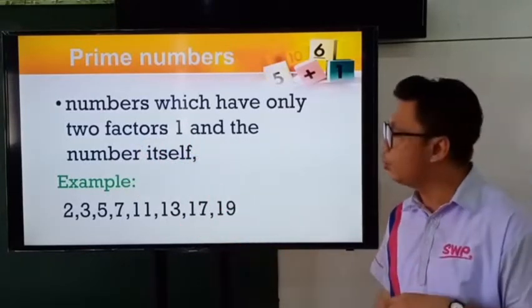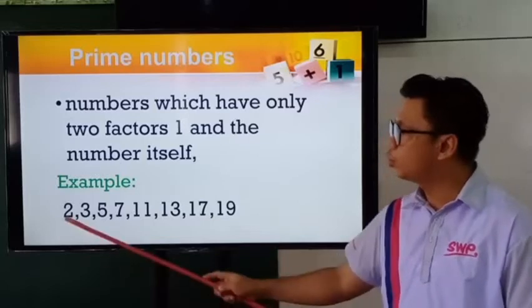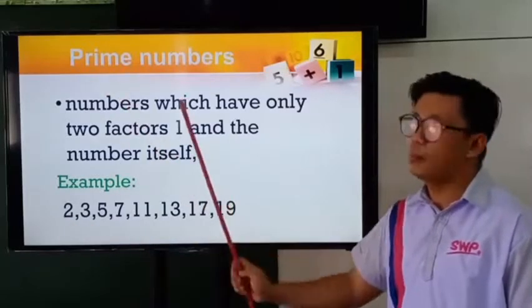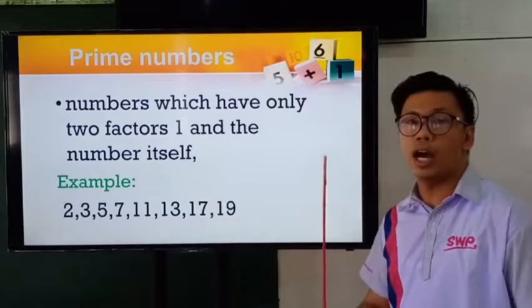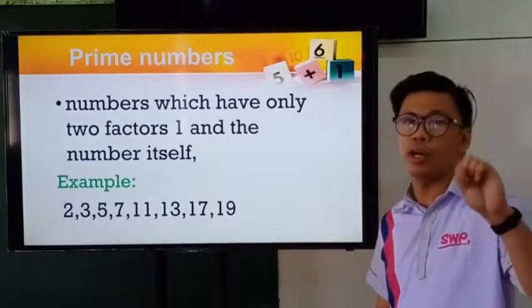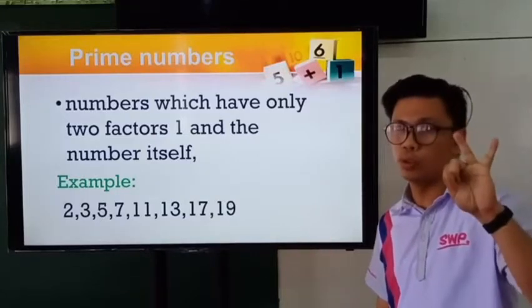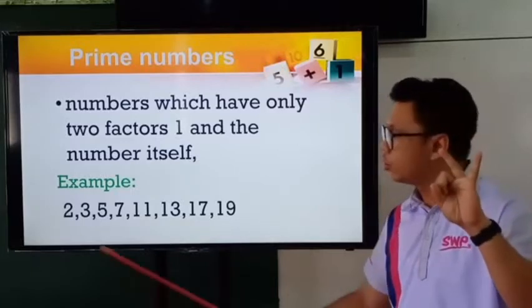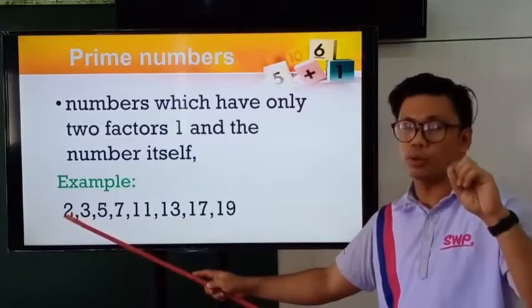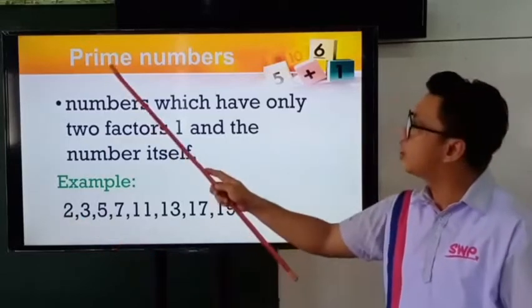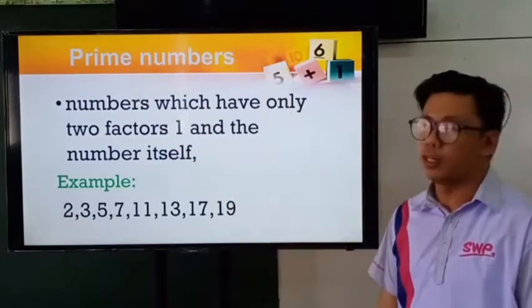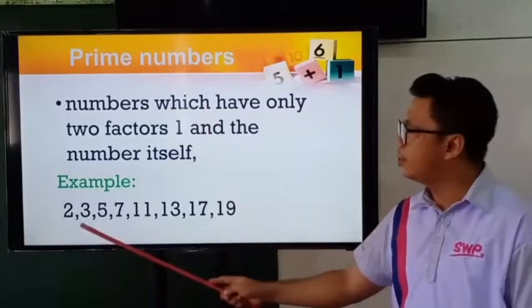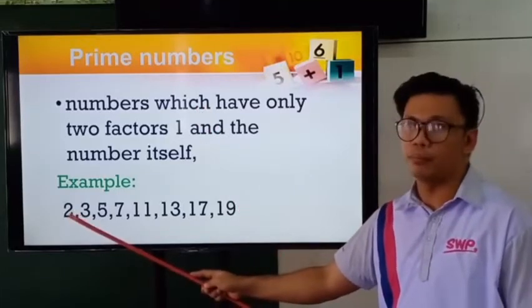For example, we have 2. We can call 2 a prime number because it has only 2 factors, 1 times 2. No other factor, only 1 times 2. So 1 times 2 is 2.